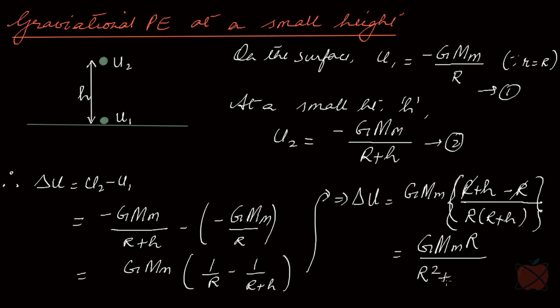R squared plus, okay, I can do one thing. Instead of multiplying R squared, let me write it as R plus h only. And didn't we say that this height is very small? Since h is very small compared to capital R, isn't R plus h nearly equal to R itself?